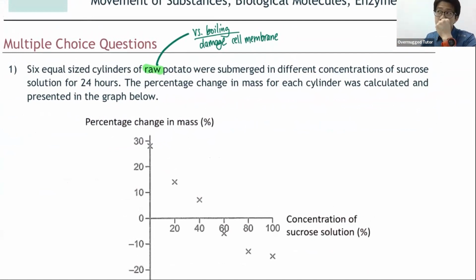Kathleen. Go on then, because with sucrose also can what? So what we're looking for here is, you must remember, between sucrose and water moving across a membrane, sucrose is the one that cannot pass through partially permeable membranes.